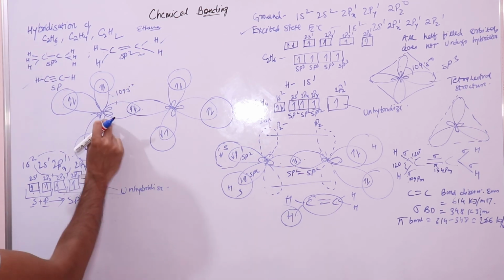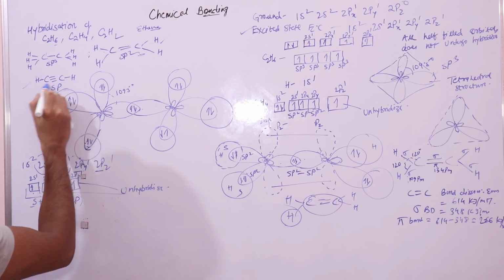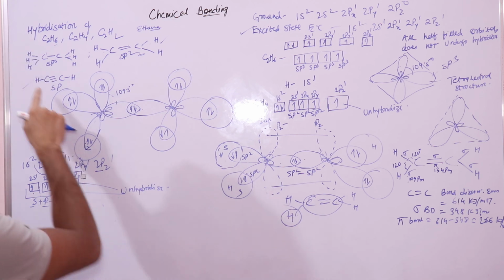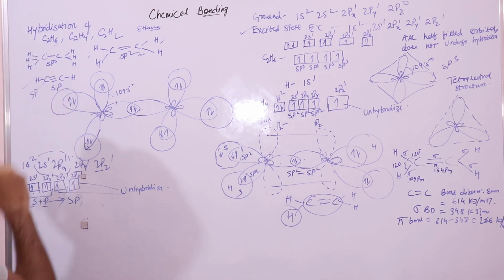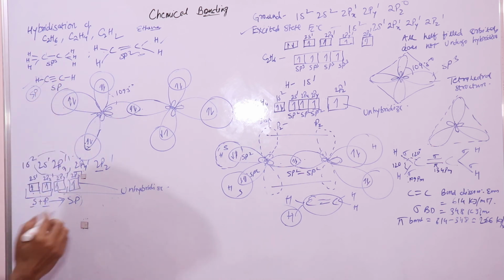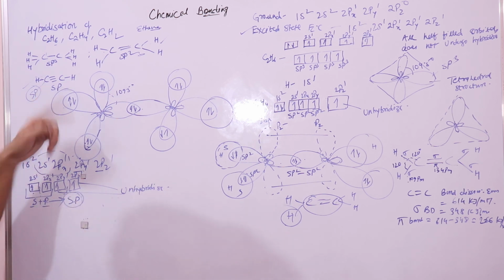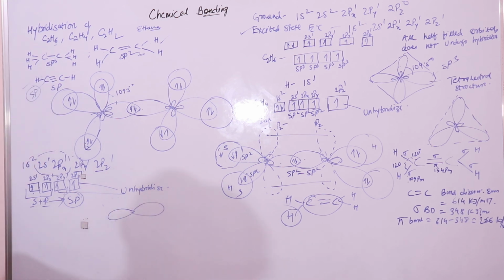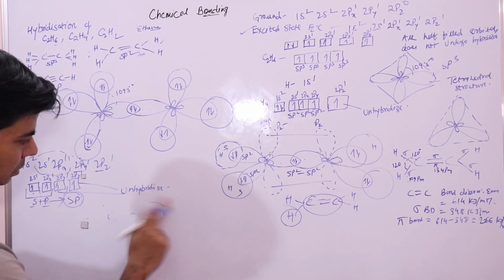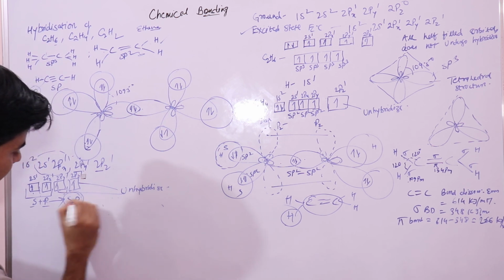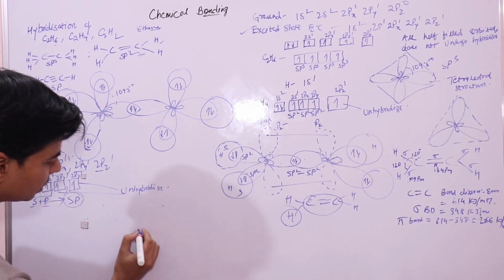So the carbon atoms in acetylene will have two sp hybrid orbitals. Each carbon atom is sp hybridized, which means it has two sp hybrid orbitals, formed from one s and one p.